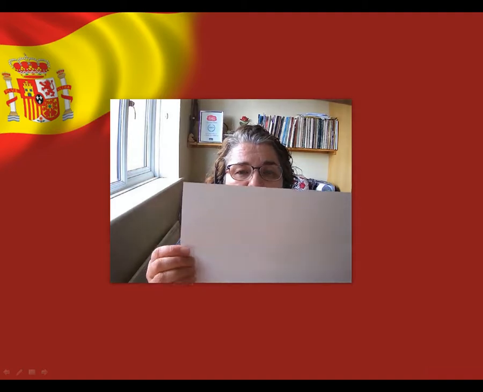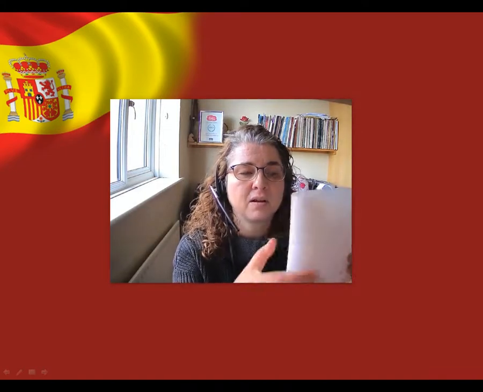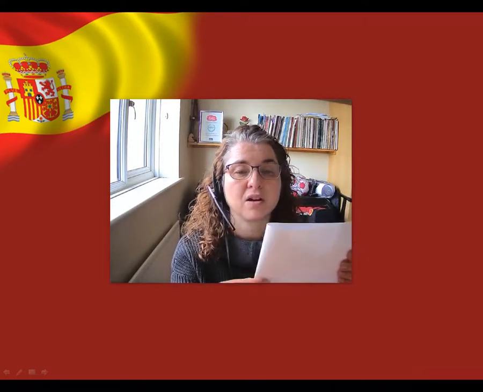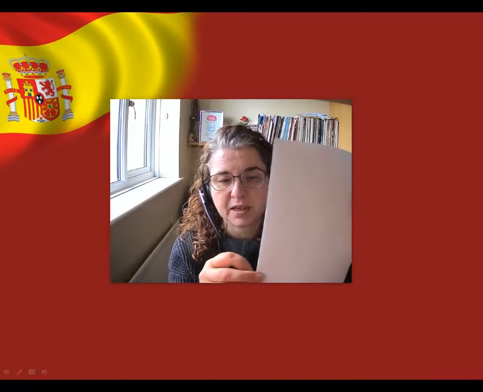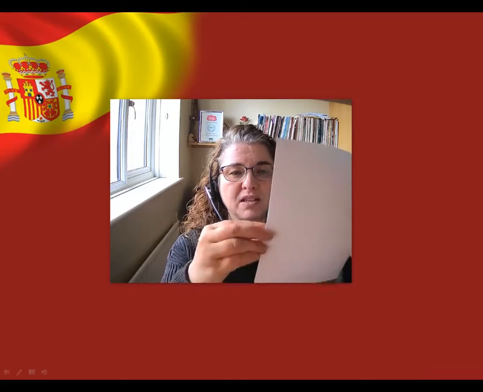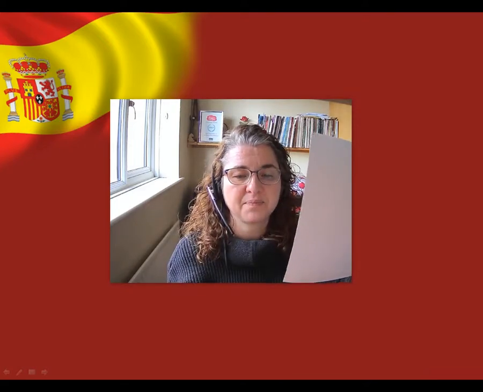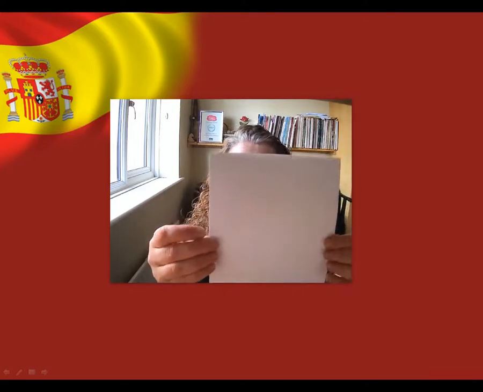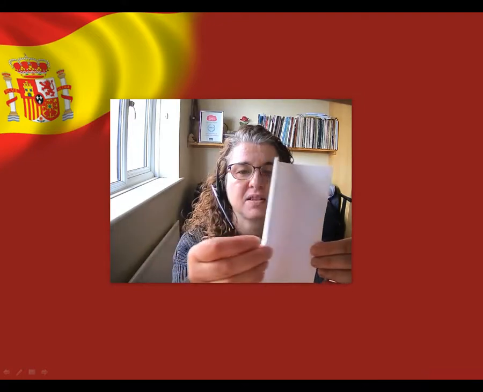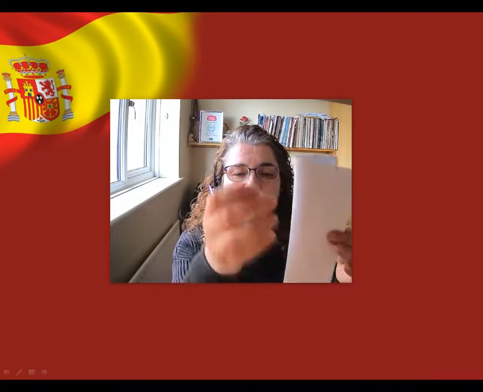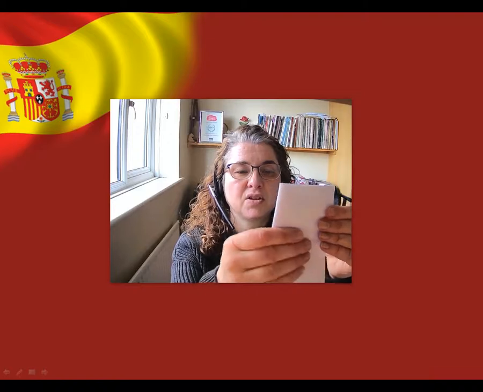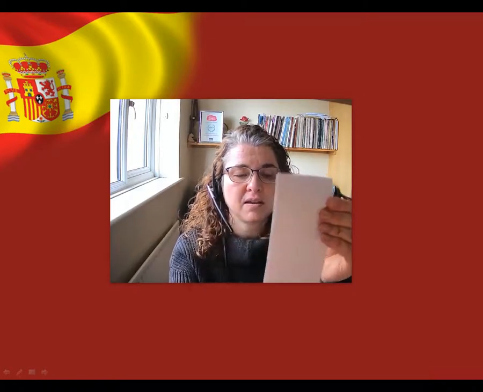First of all, take your piece of paper and fold it in half like you're making a birthday card for somebody. Make that fold nice and hard. Then fold it in half again the same way so that you've got a long, skinny birthday card.